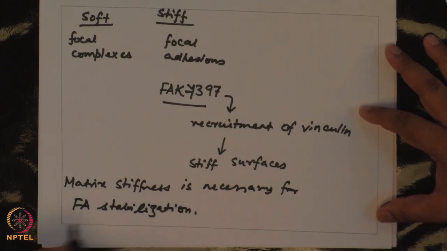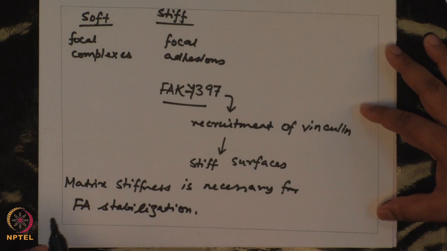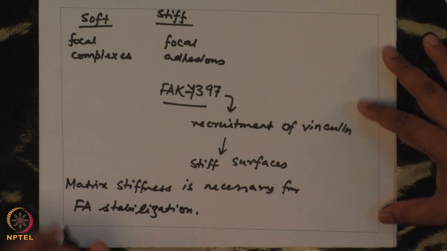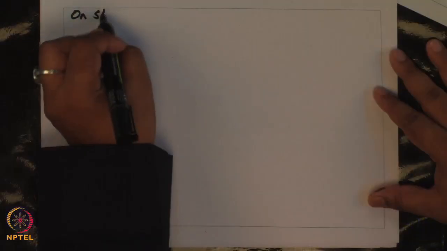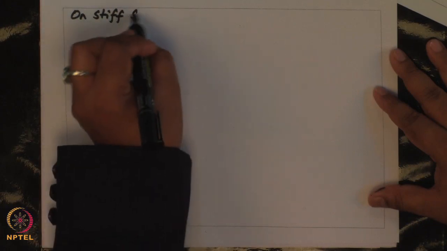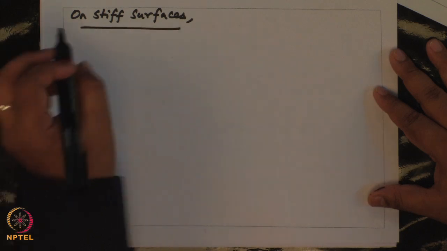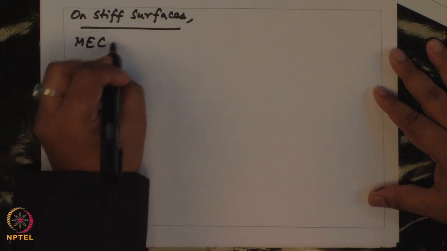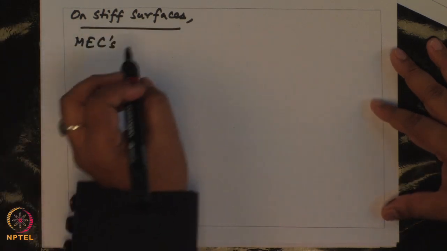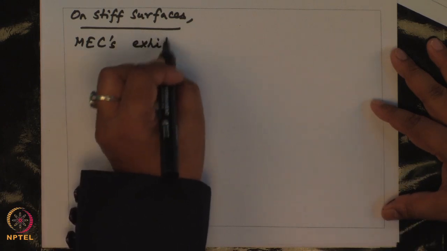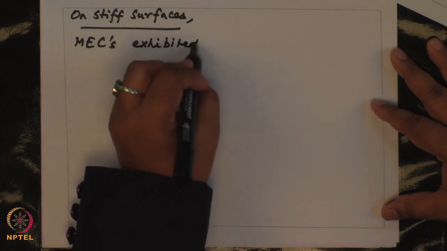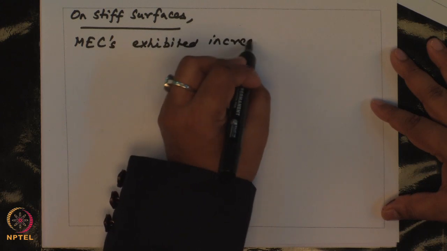What they also found was that on stiff surfaces, these MECs, mammary epithelial cells, exhibited increased tractions.